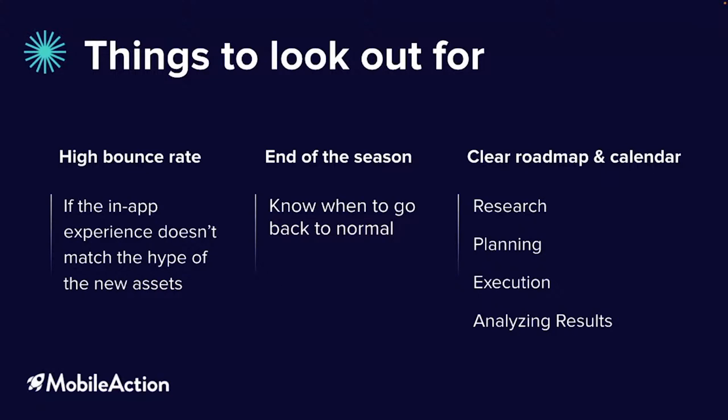And then you need to execute at exactly the right time and then analyze your results and start planning already what to do for next year. So this is not really a set it and forget it practice. And considering there's not just one event in the whole year, you need to be doing this constantly if you're going to leverage any type of seasonality.